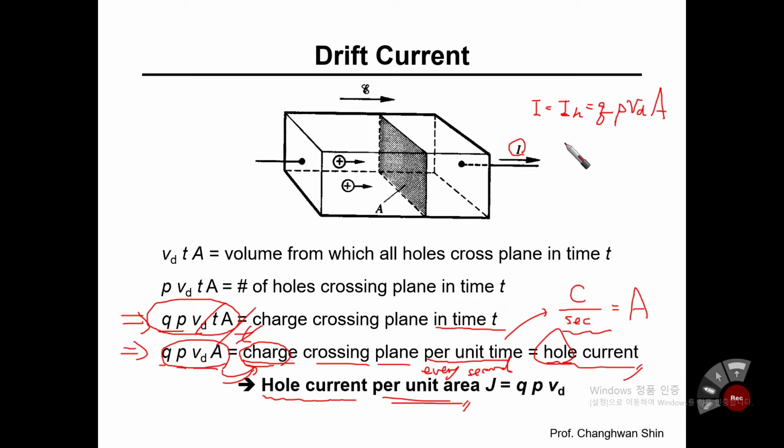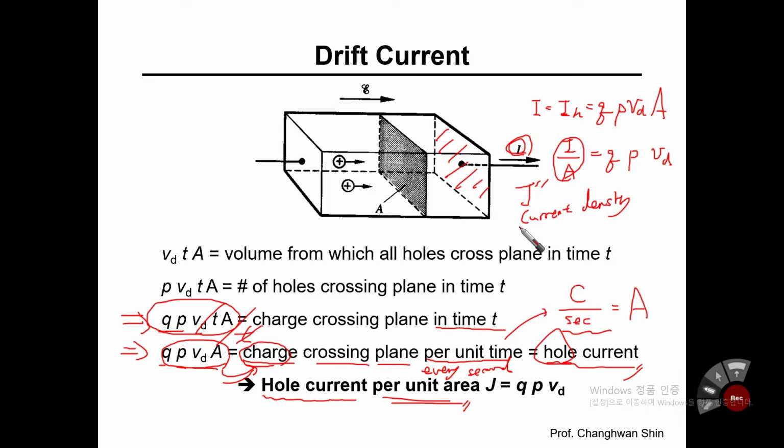That means current divided by area is Q times P times VD. And this indicates the current density. So depending on the cross-sectional area, the current value can be determined.